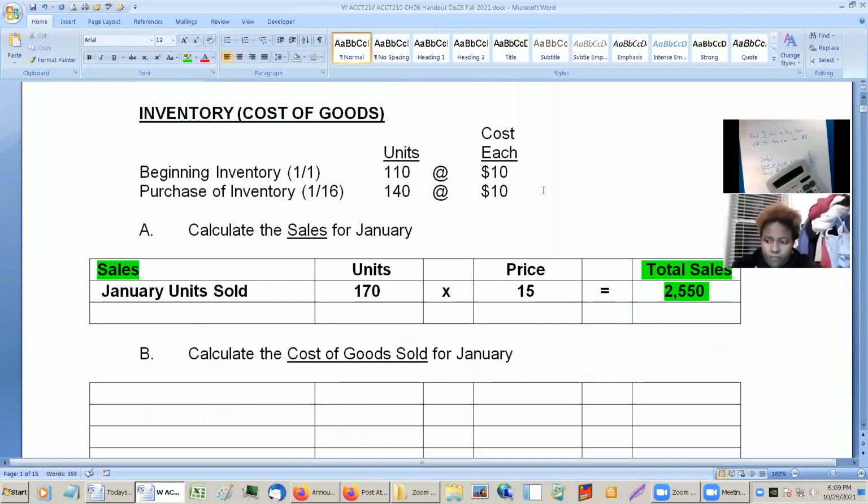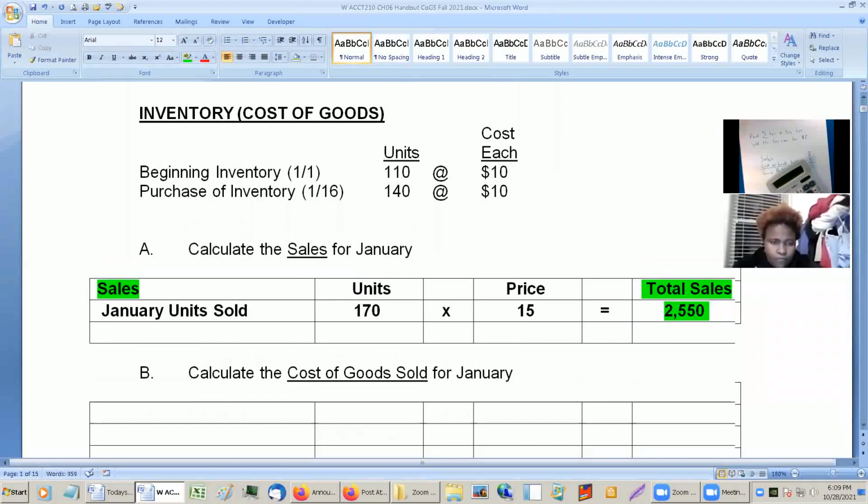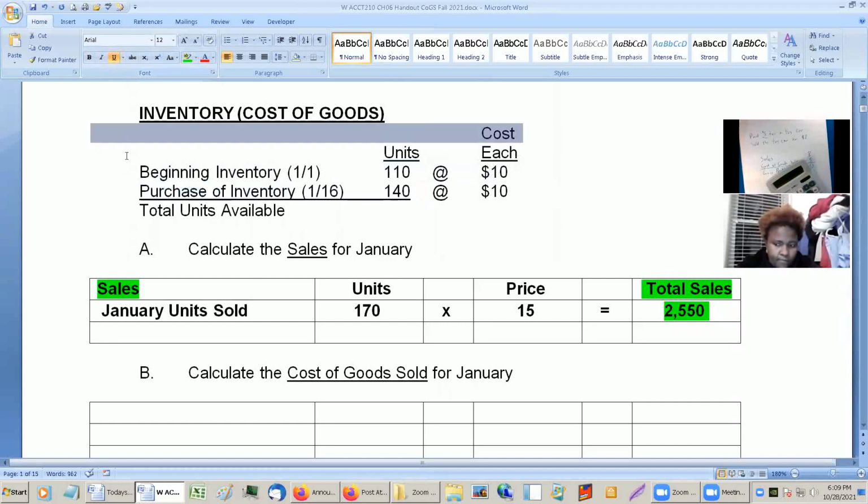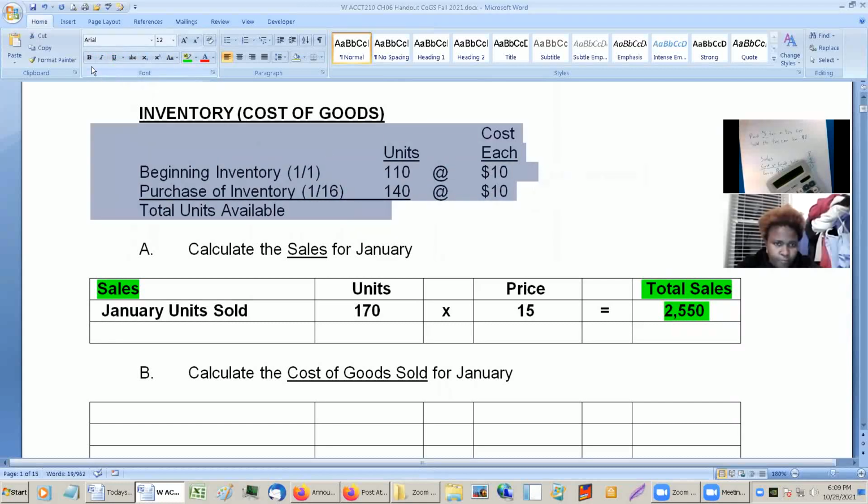That's the money coming in. Now, some of this inventory, though, went out. The total units available, the total units we could sell. I'm going to bold all these so it can be seen easier.